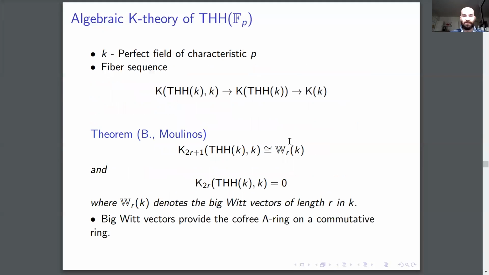Okay, so we had this, and this is the statement of our main result. We show that the algebraic K-theory groups in even degrees are trivial.